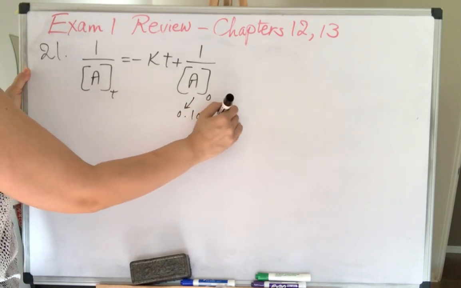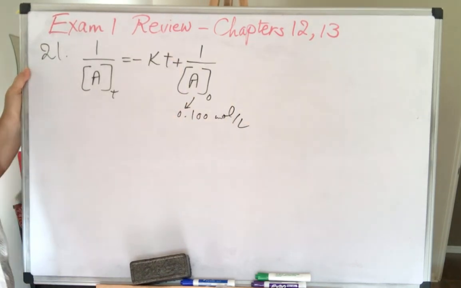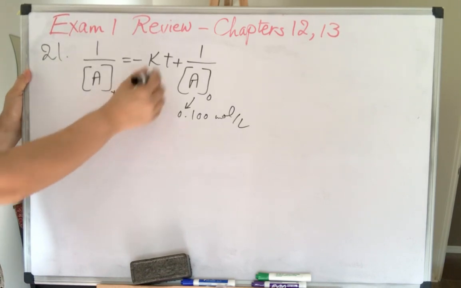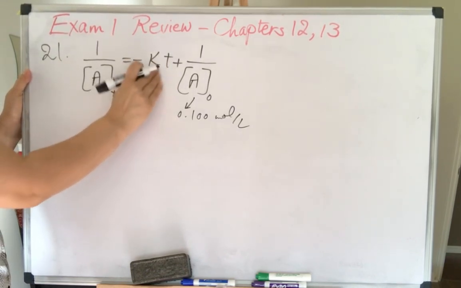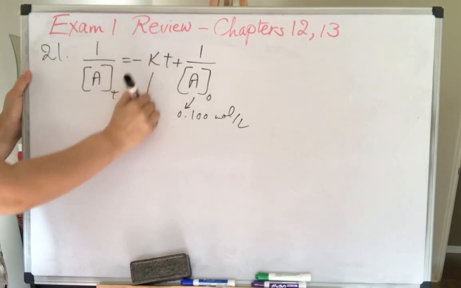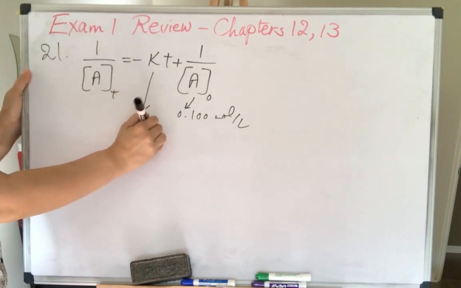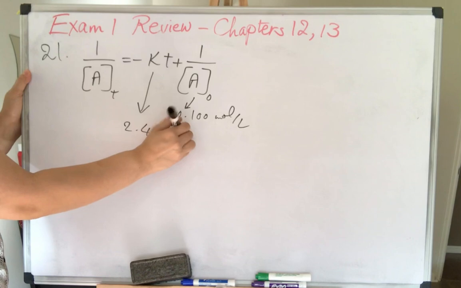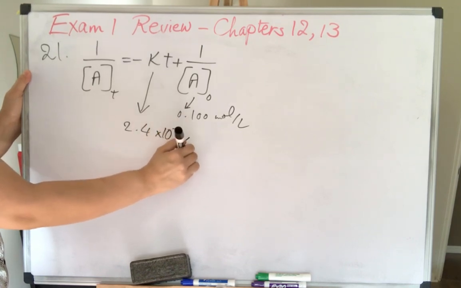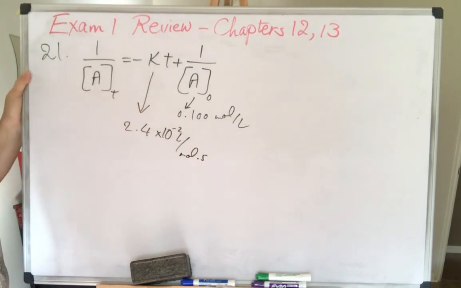0.1 mole per liter of the reactant. If the rate constant is 2.4 times 10 to negative 2 liter per mole second, what is the time?